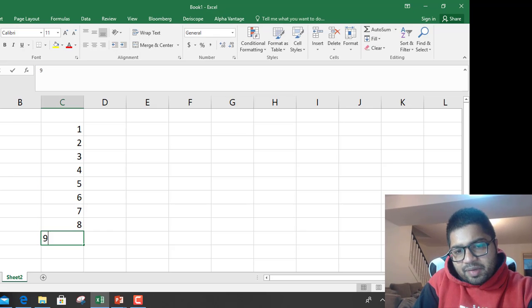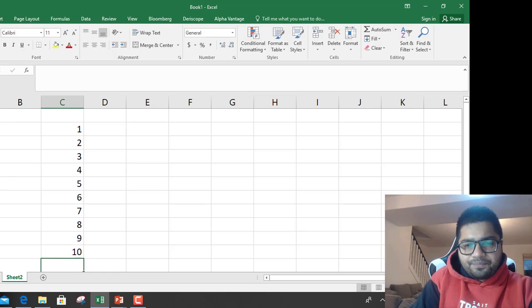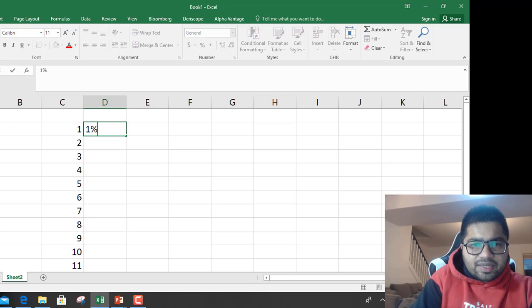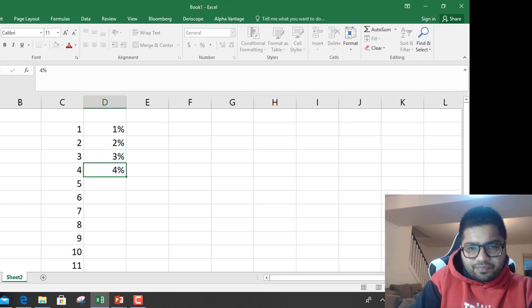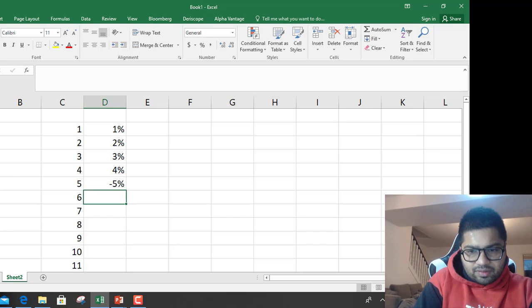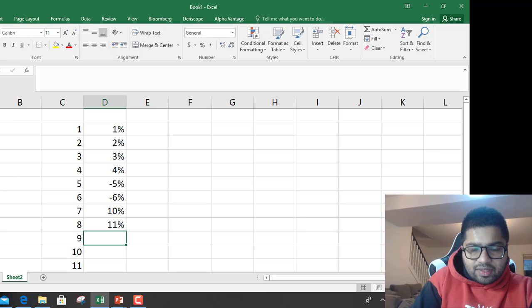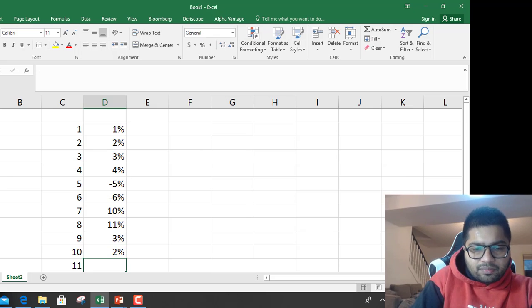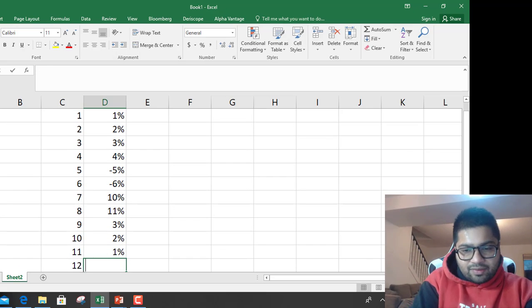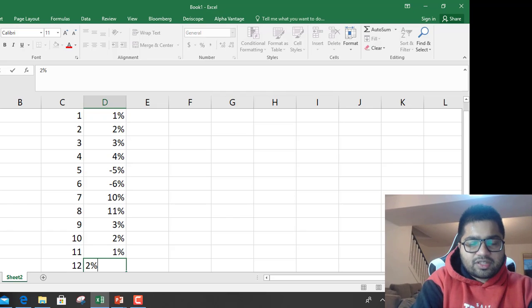So let's say you are given monthly returns. These are 12 months of monthly returns: 1%, then 2%, 3%, 4%, minus 5%, minus 6%, 10%, 11%, 3%, 2%, and 1%, and one more, let's say 2%, the last one.